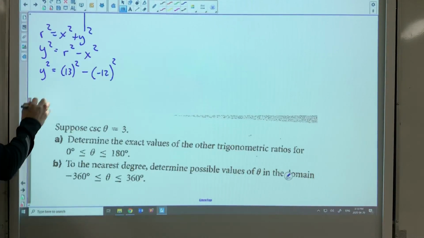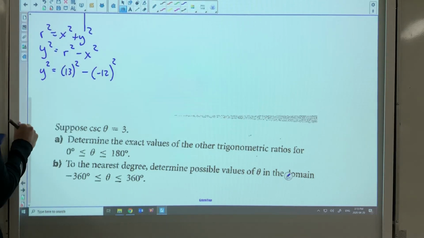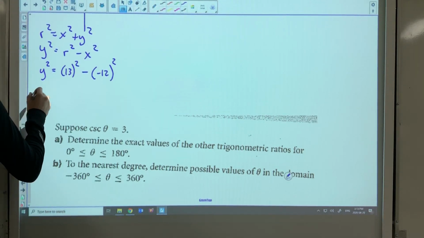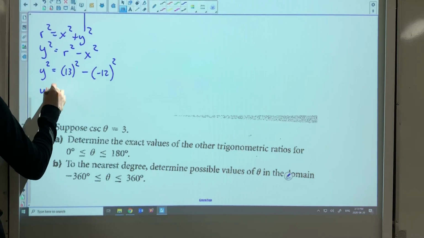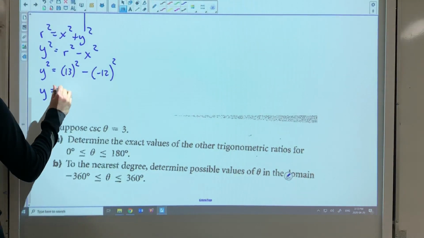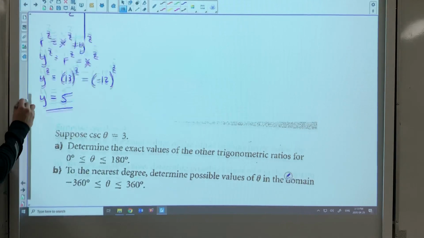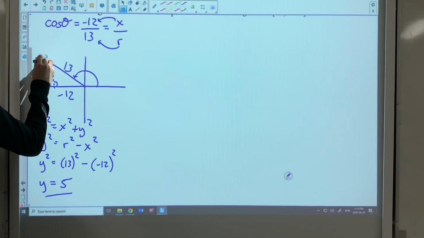Yes. Perfect. So we get 169 minus 144, which is going to leave me with 25. So it's going to leave me with the square root of 25, so I'm going to get 5. Now we know that's 5.